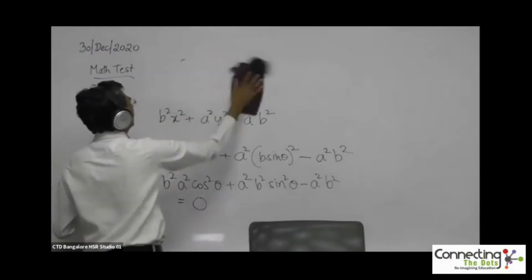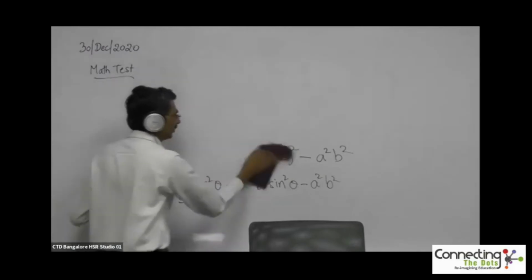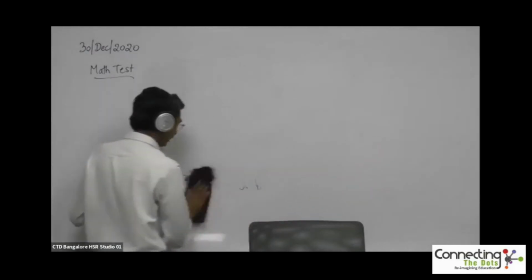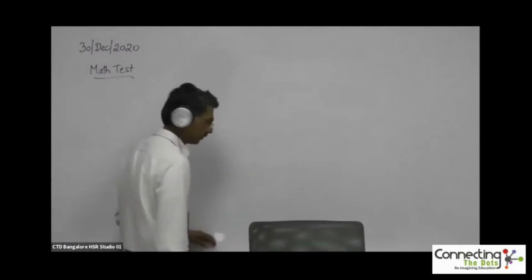I first used the equation for cos 2 theta. Which equation is that? 1 minus 2 sine squared theta.